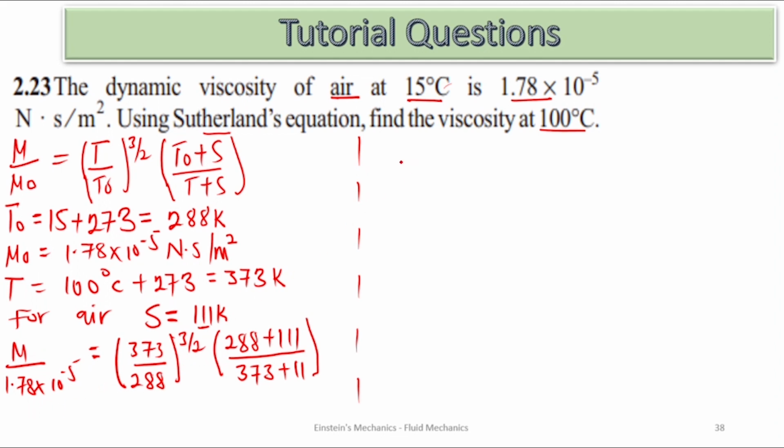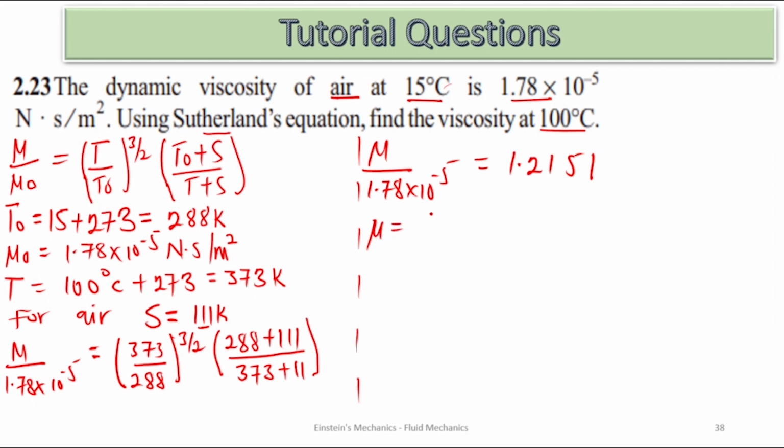And when I punch everything in, I'm getting mu on 1.78 to the power negative 5 equal to, everything here from my calculator is giving me 1.2151.